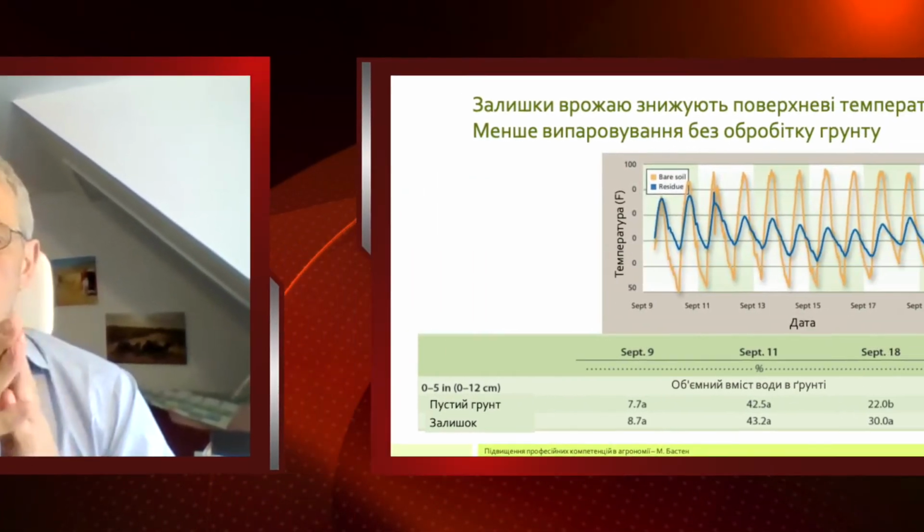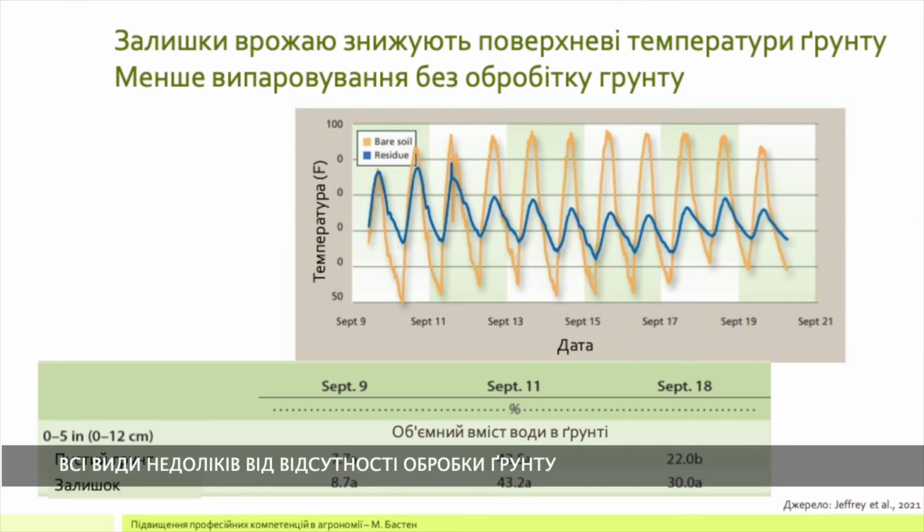When it comes to residues in no or low tillage, of course, it's very important to have good management of the harvest residues, the machinery to spread the residues evenly on the soil surface, because as soon as you get accumulation in some parts and fewer residues in other parts of the field, a stripy pattern, then of course you can have all kinds of disadvantages from no tillage as a consequence of uneven residue distribution on the soil surface.